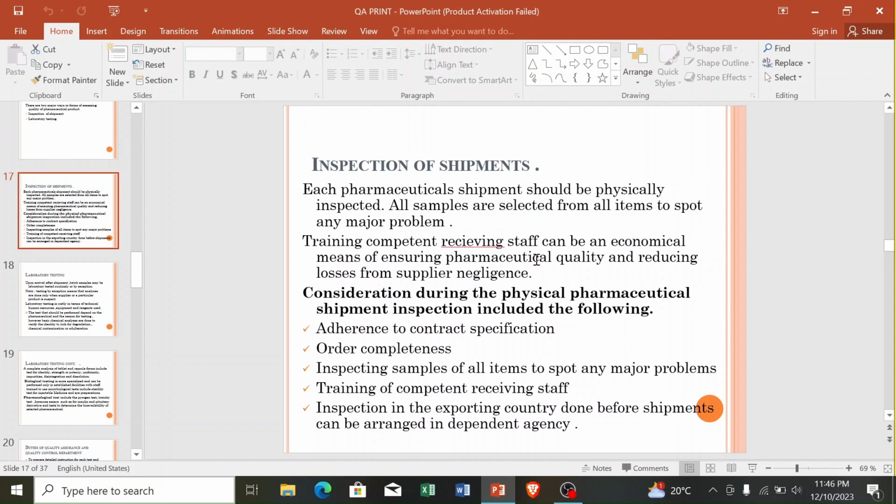So training competent receiving staff can be an economical means of ensuring pharmaceutical quality and reducing losses from supplier negligence. So you might have selected the appropriate supplier. However, they may have something called negligence, knowing what to do but being reluctant to do it. That is what we call negligence.